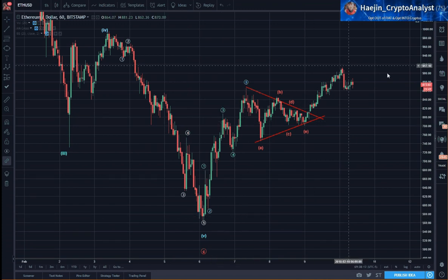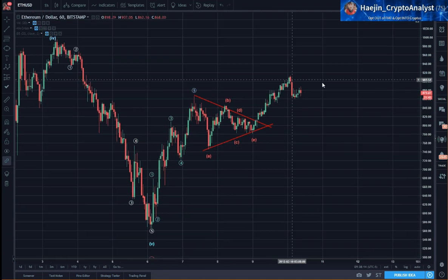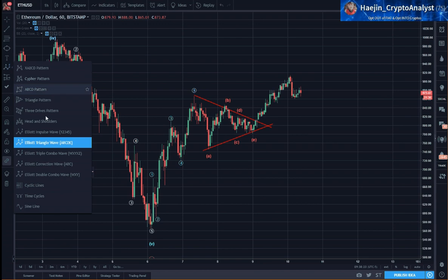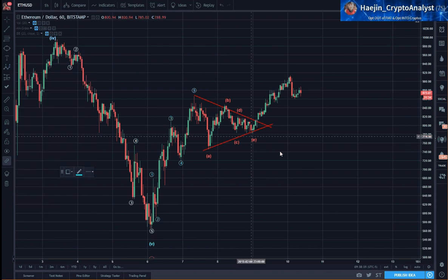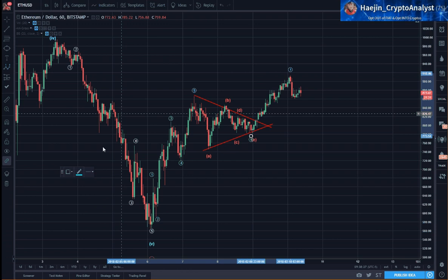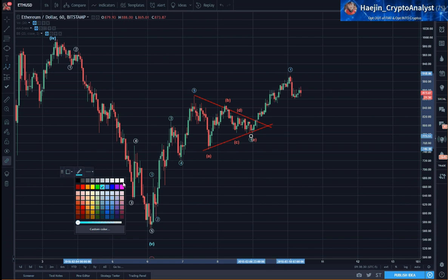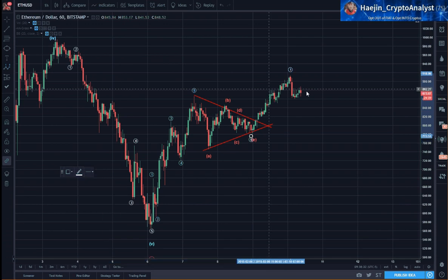And now I think it's putting another 5 waves. So here's 5. But these 5 waves really lead up to wave 1 of higher degree. 1. And I think we're doing an A, B, C, 2, 3, 4.